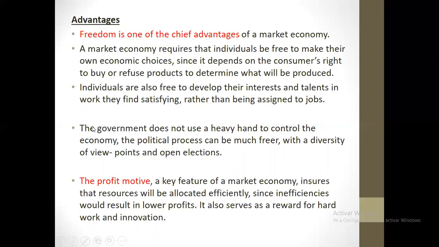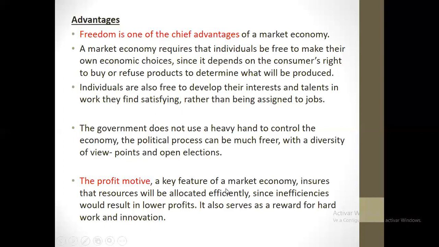Now, another advantage, the government does not use a heavy hand, so it's not involved deeply in the activities to control the economy. The political process can be much freer, más libre, with a diversity of viewpoints and open elections. The third one is profit motive, motivo de la ganancia.